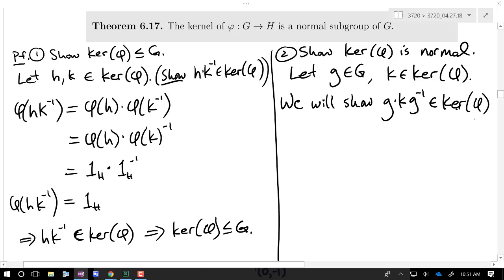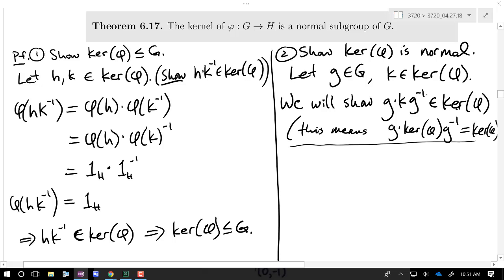What that means is, because all I've done is assume that G is any old element of the group G and K is any old element of the kernel, if I can establish that this arbitrary product has to be contained in the kernel, that means that as a set, this would be contained in, this would just give me the same elements as the kernel of phi.